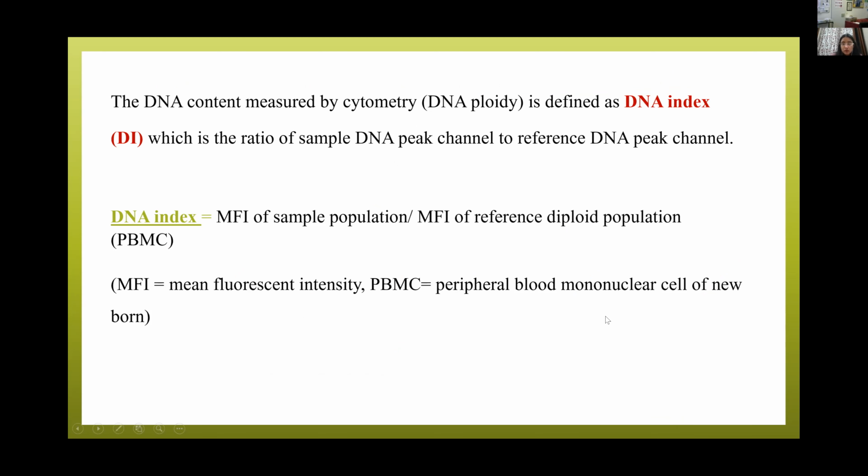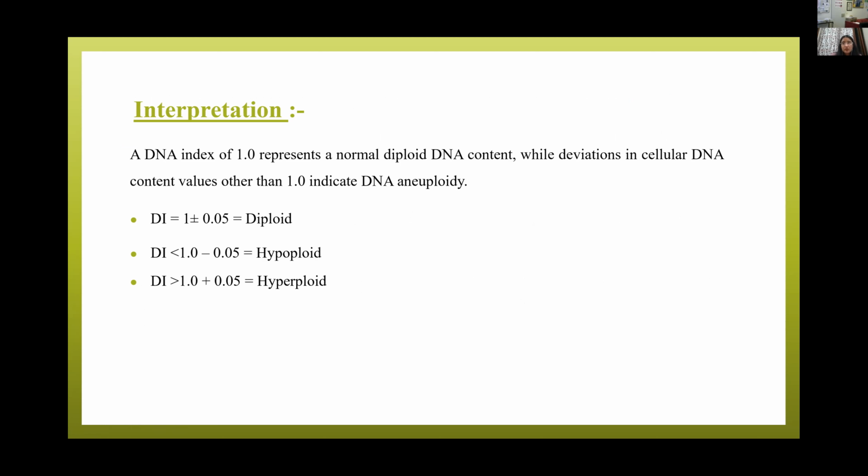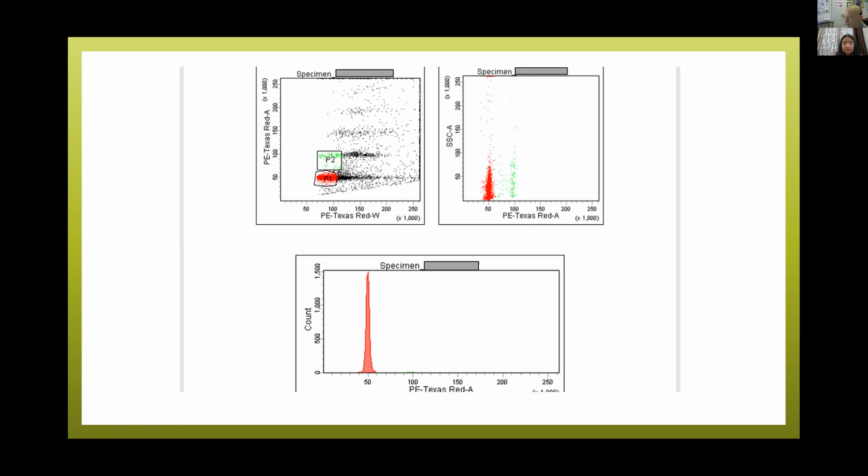A DNA index of 1 represents a normal diploid DNA content, while deviation in cellular DNA content to values other than 1 indicates aneuploidy. In our study, I took a DNA index of 1 plus minus 0.05 as diploid, anything less than 0.9 as hypoploid, and more than 1.05 as hyperploid.